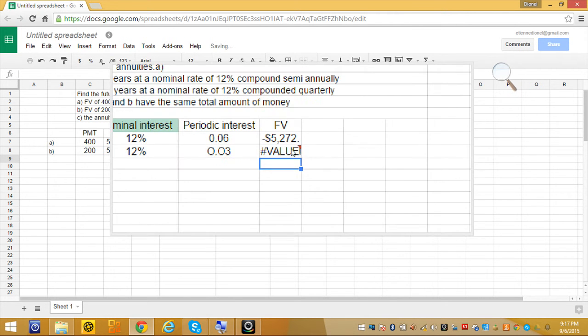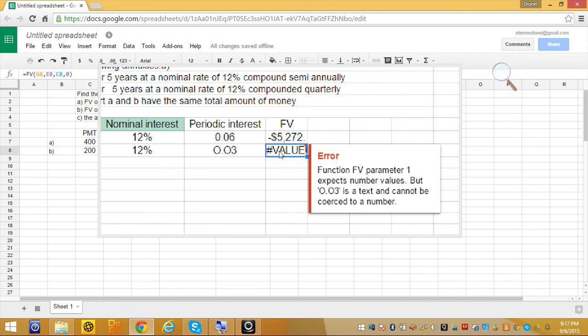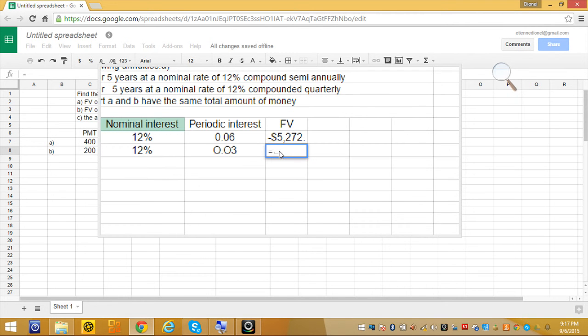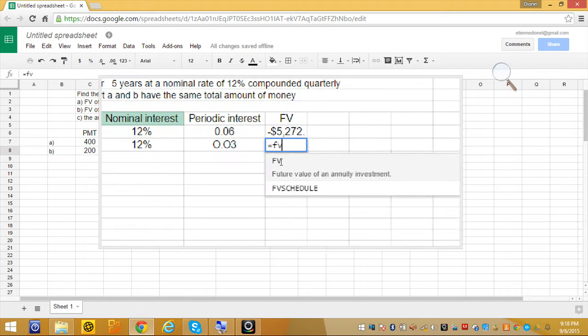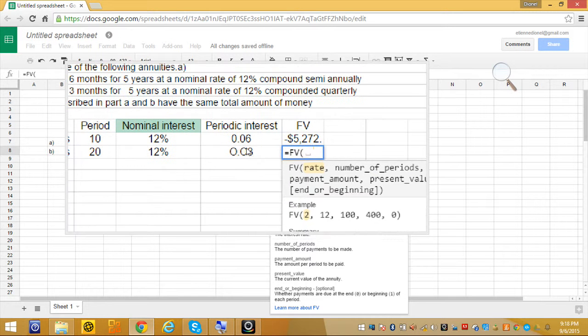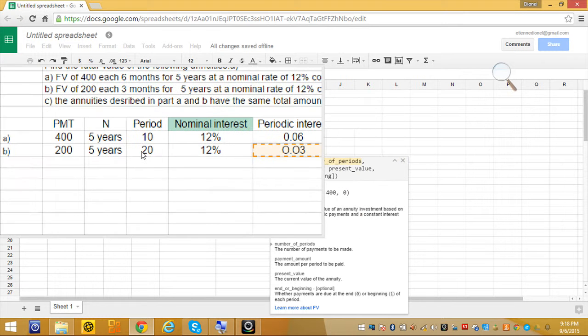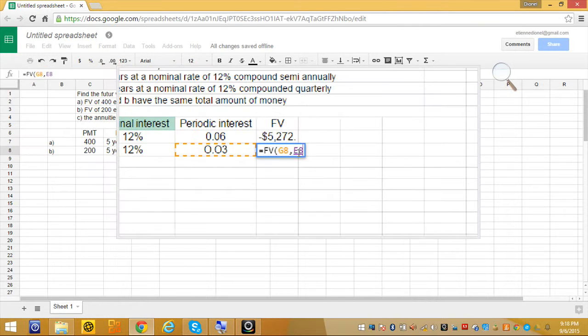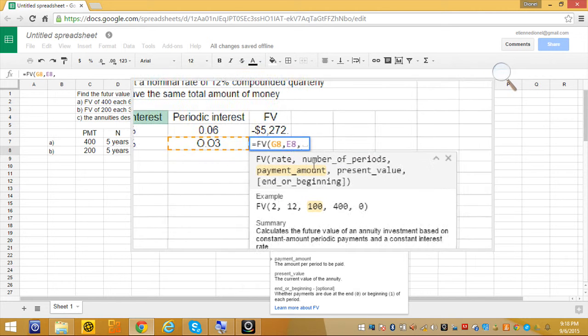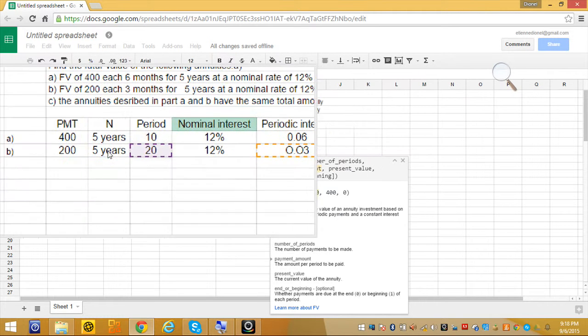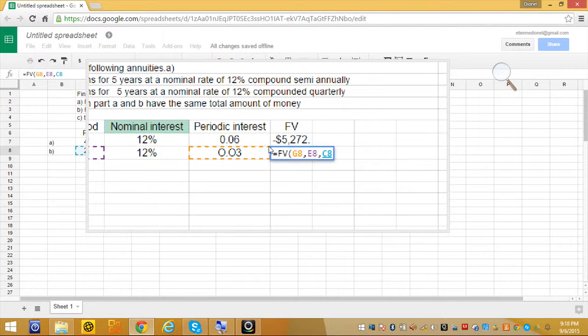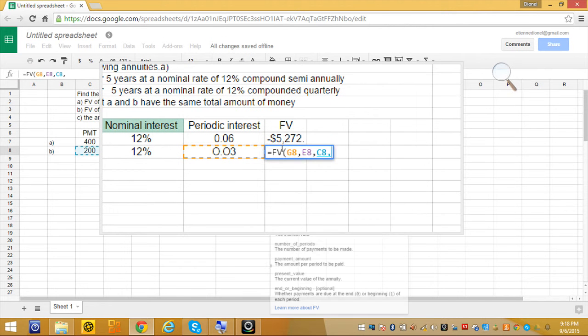Oh no, something is wrong. There was something wrong, guys. Let's do it again. Equal, you got future value. Rate 3%, comma. Number of periods, 20, comma. Payment. Your payment is 200, comma.